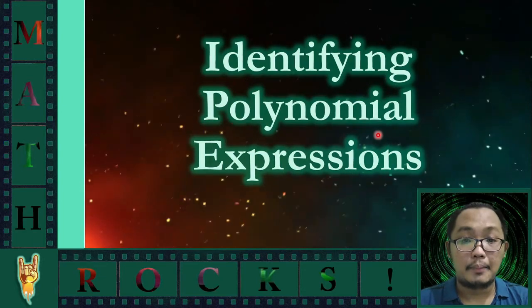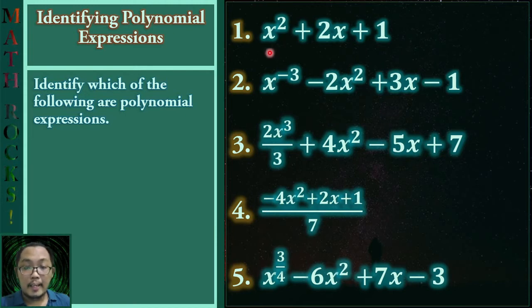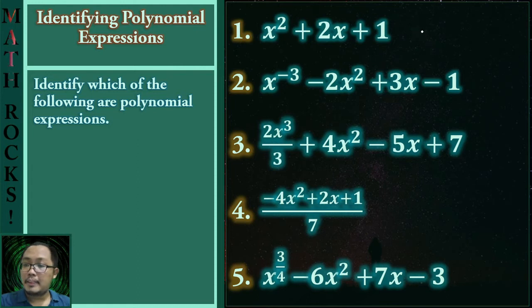And now let us proceed with identifying polynomial expressions. Here, we would like to identify which of the following are polynomial expressions. Number 1 is a polynomial expression, so let me mark this with a check. I will be marking all the polynomial expressions with a check.